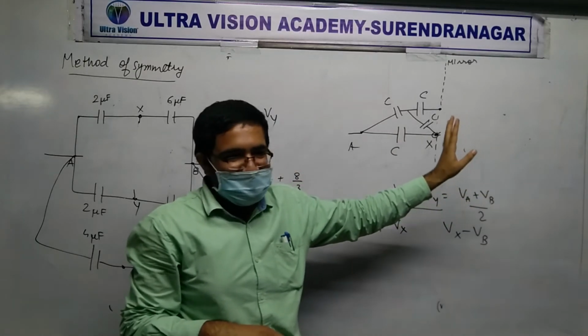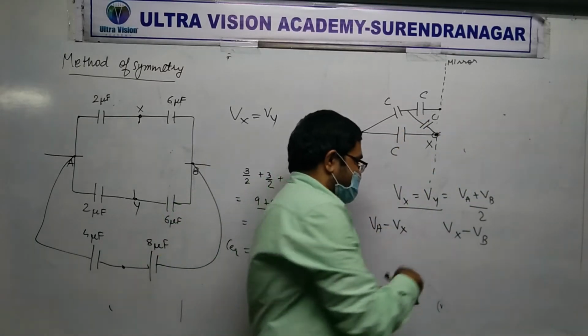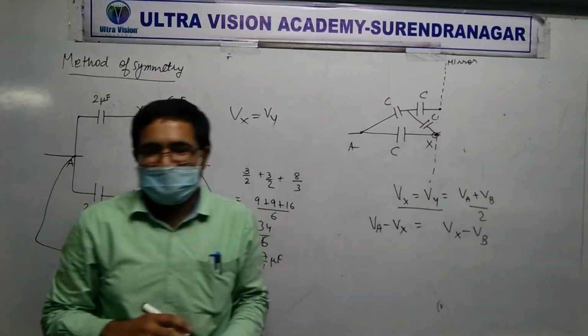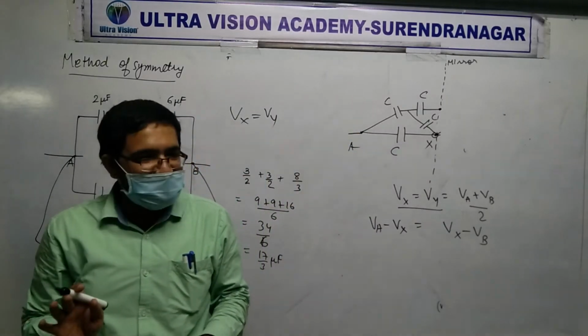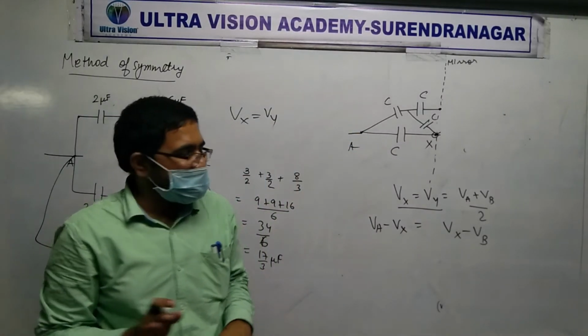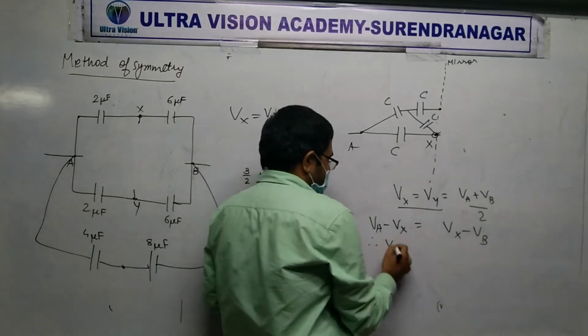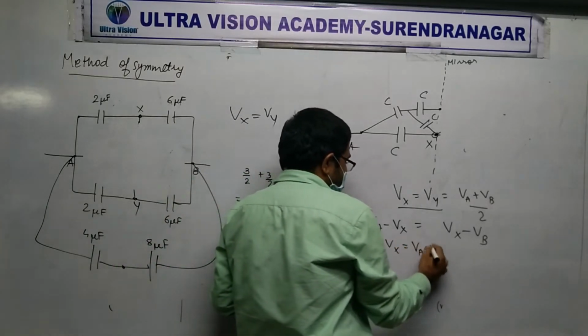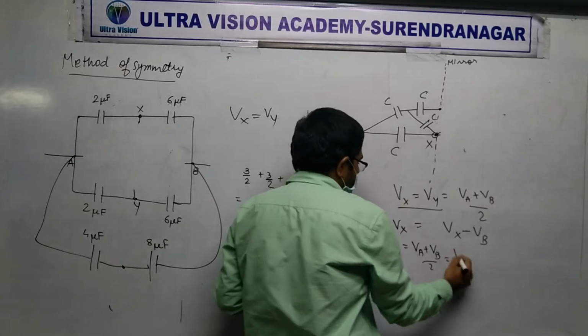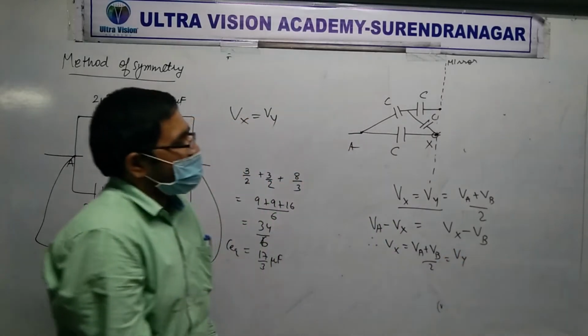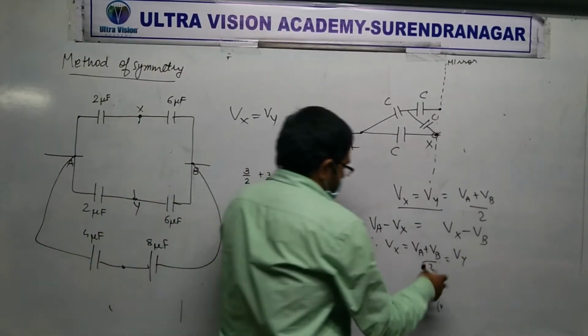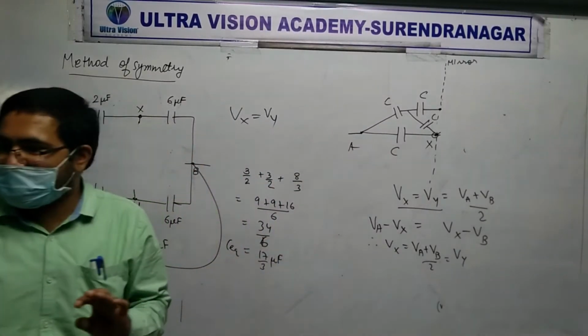So that's why Va minus Vx and Vx minus Vb should be same. Clear or not clear? So always do that. Vx equal to Va plus Vb by 2. The same is for Vy. But you know, this value Va plus Vb by 2, that's not the main thing.